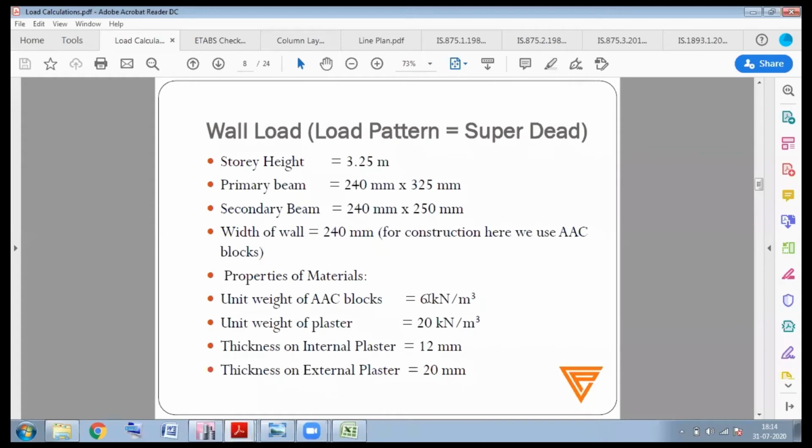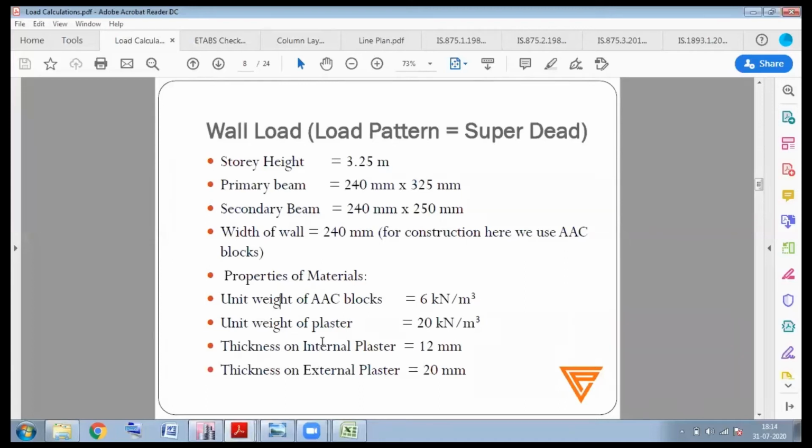If you are using brick, it will vary from 18 to 18.5 kilonewton per meter cube based upon the classes of brick. And the unit weight of plaster is equal to 20 kilonewton per meter cube. The thickness of internal plaster is 12 mm and the thickness of external plaster is 20 mm.